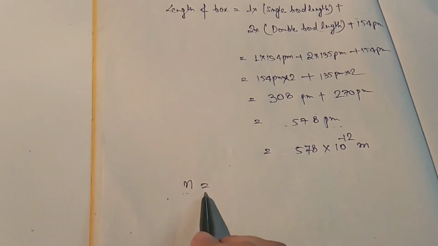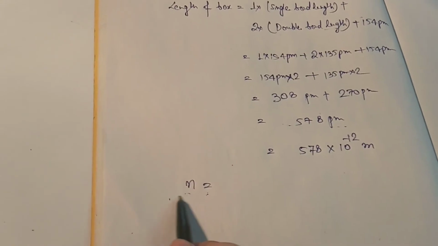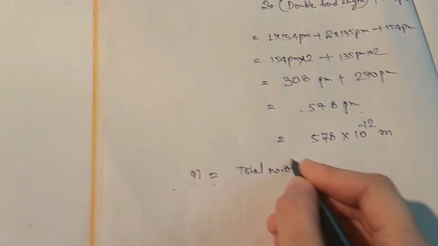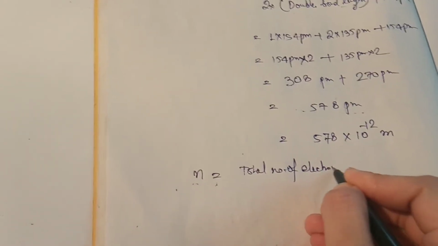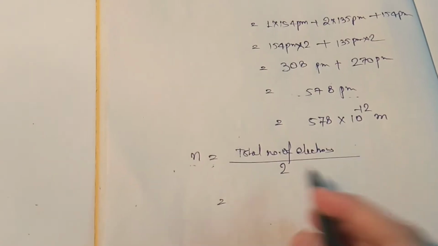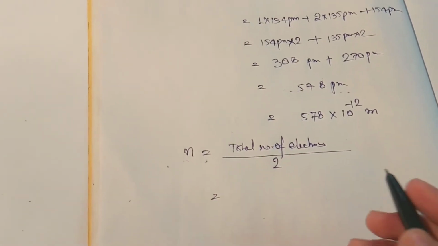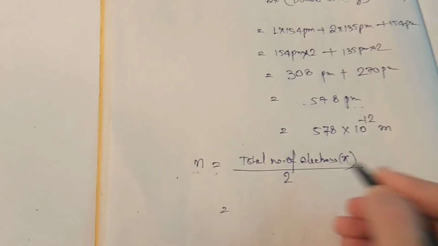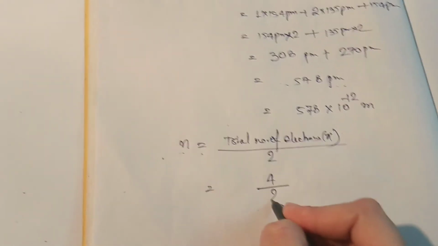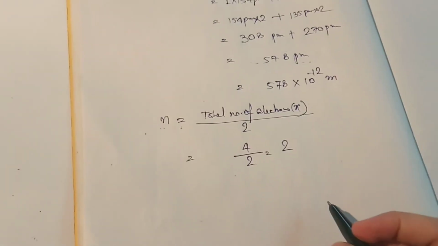I'm just writing the formula to calculate the value of n. n is equal to total number of electrons, this applies only for polyene molecules, divided by 2, which is the total number of pi electrons. The total number of pi electrons was 4 for the butadiene molecule, divided by 2, so the value of n here is 2.